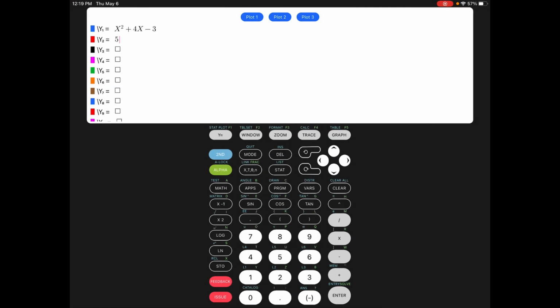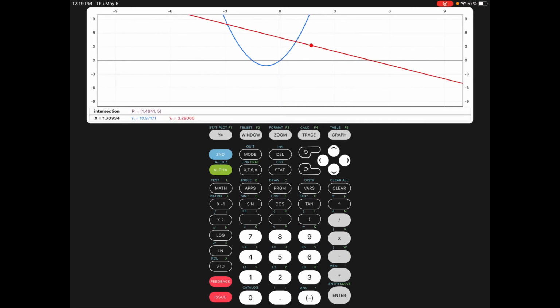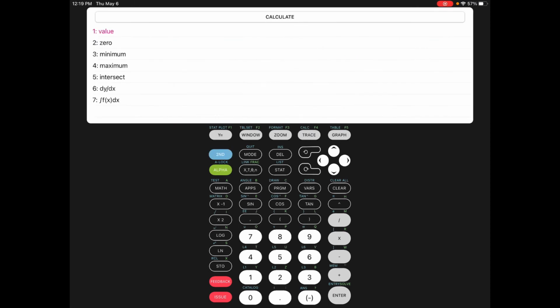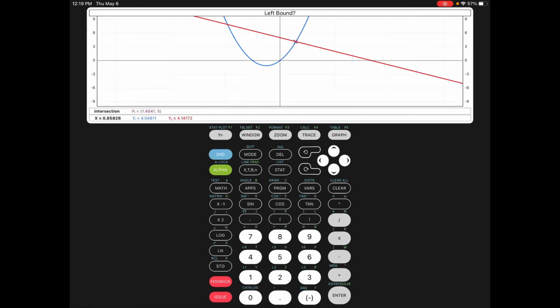So y equals 2x squared plus 3x, and y equals 5 minus x. When I graph, I've got two lines, one's linear, one's a parabola. Second, calculate, number 5, the intersection point. Right away I'm close to that one. That value there is 0.87, which would be 0.9.